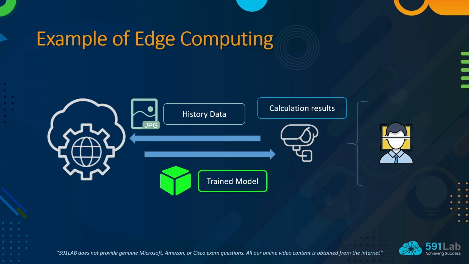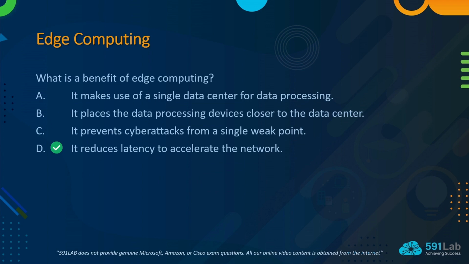So for security, there is no single weak point for edge computing. We will defend both the Cloud Center and the IoT devices. Therefore, the correct answer is D, as it accurately reflects one of the key advantages of edge computing.